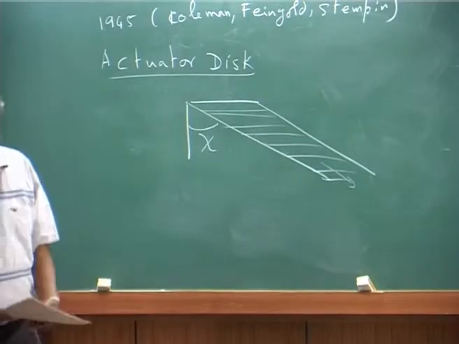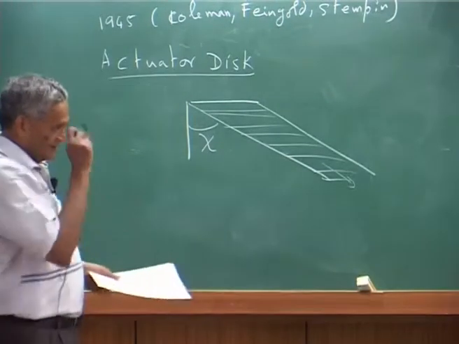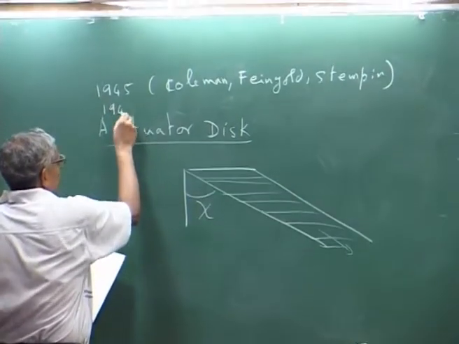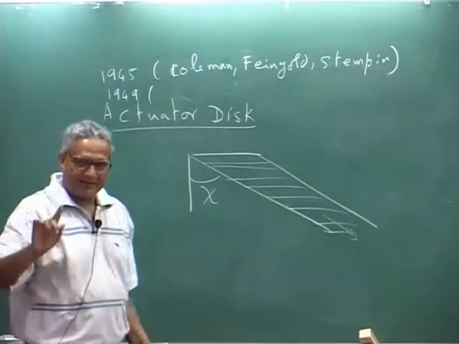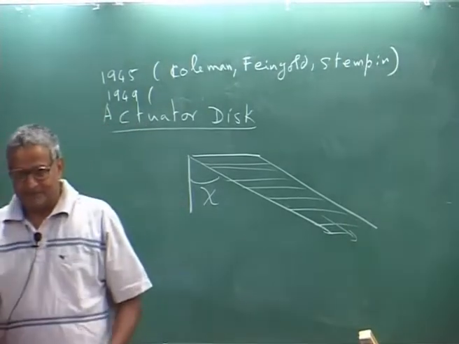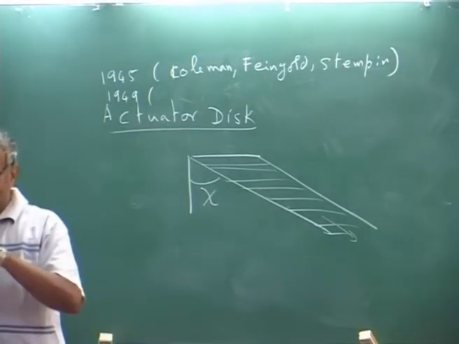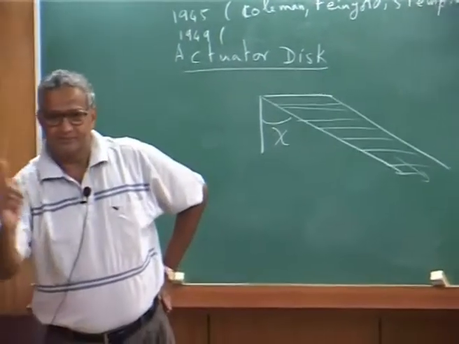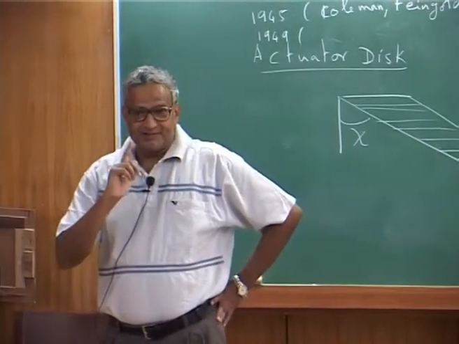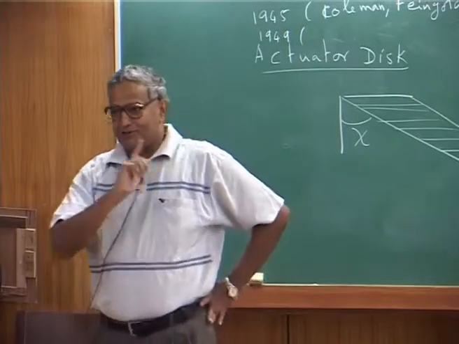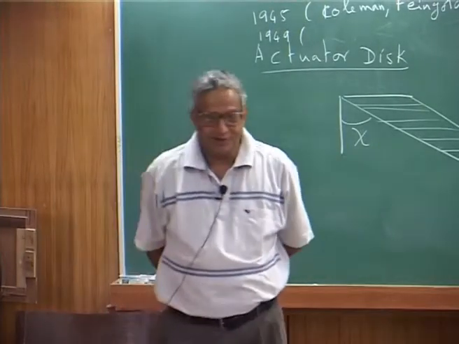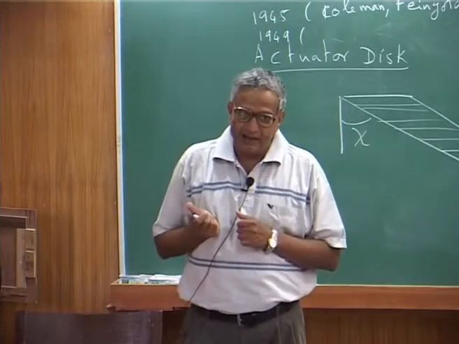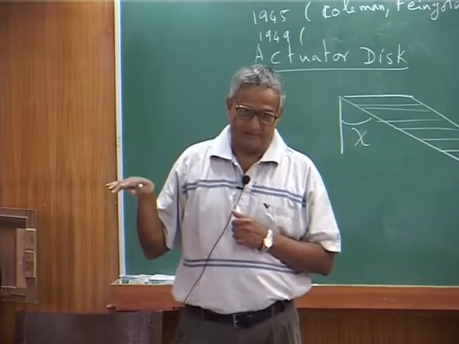Okay. Then in 1949, he made a slightly different assumption. He said, I am not going to assume uniform loading, but my loading is going to vary sinusoidally. Okay. So he had a trailing as well as shed vortex.